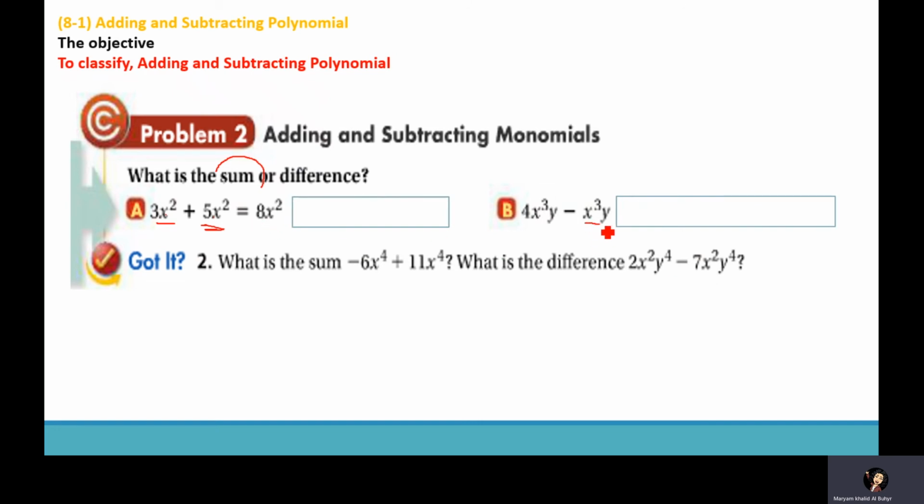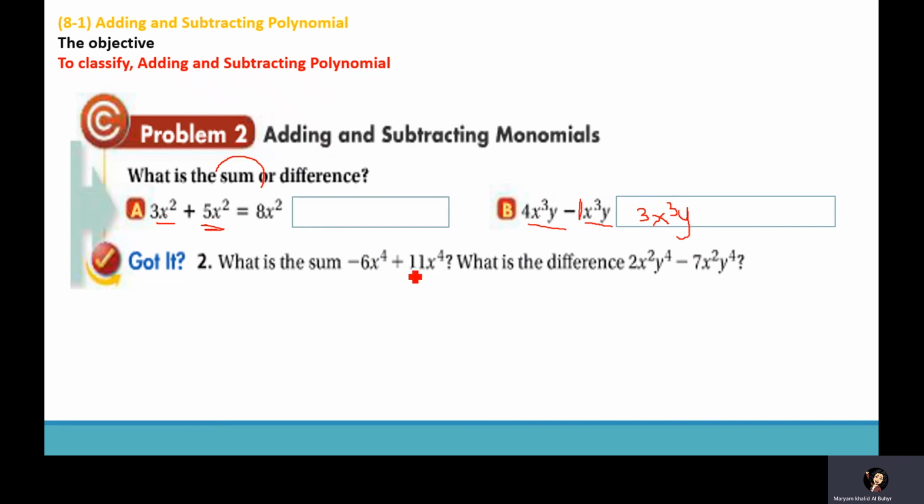Same thing here, this one and this one are exactly the same, so they have the same variables and the same powers. So directly I can say 4 minus 1, which is 3x to the power 3y. So you are not changing anything with this part.